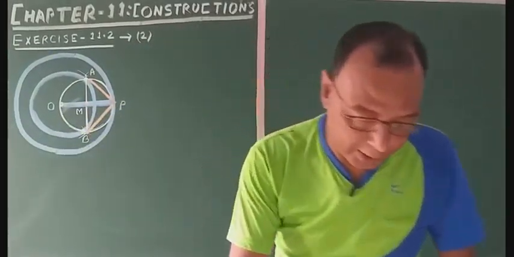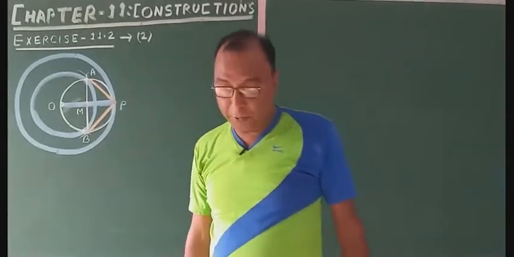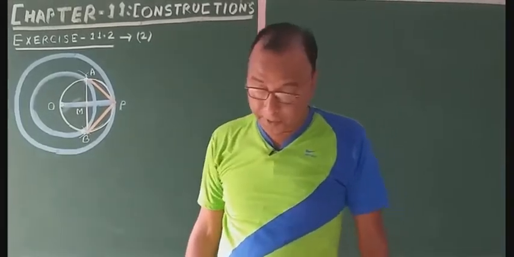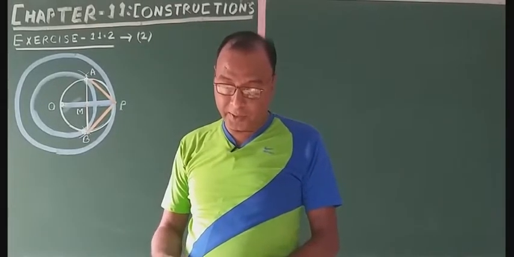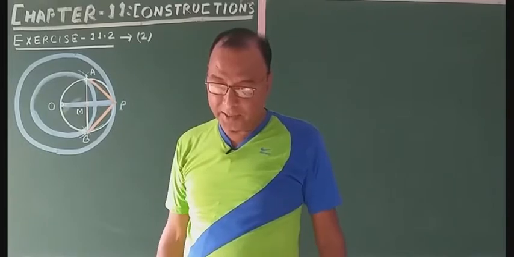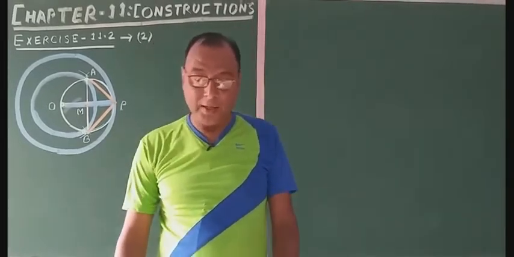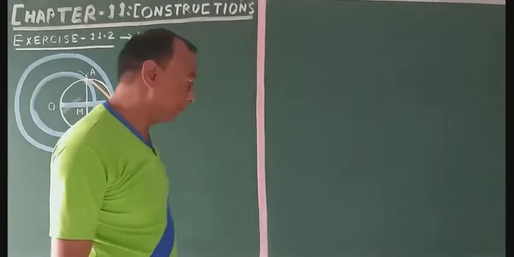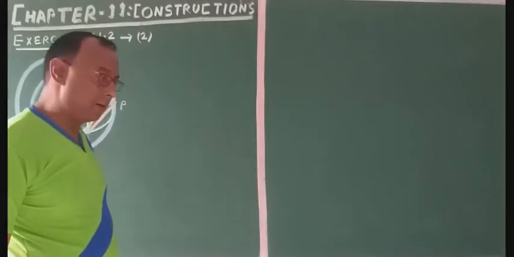So what was the question now? Construct a tangent to a circle of radius 4 cm from a point on the concentric circle of radius 6 cm and measure its length, and also verify the measurement by actual calculation. The construction steps are just as in question number 1.